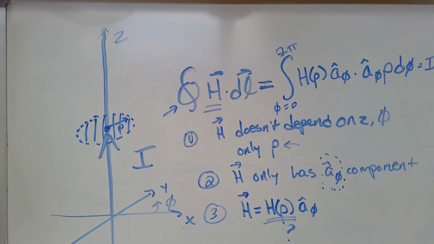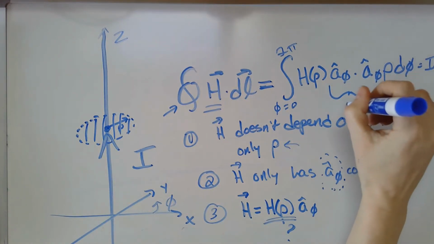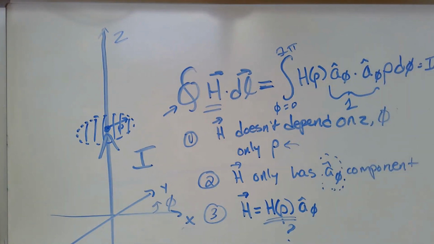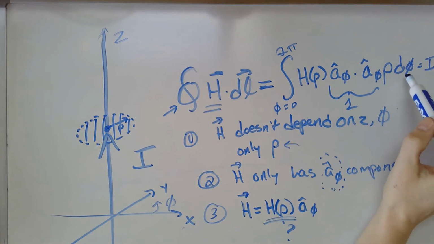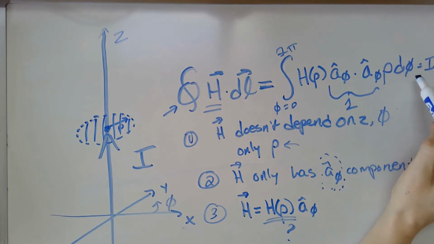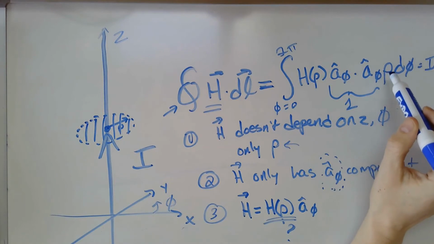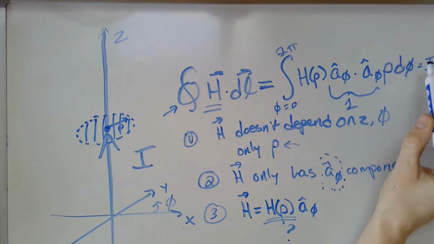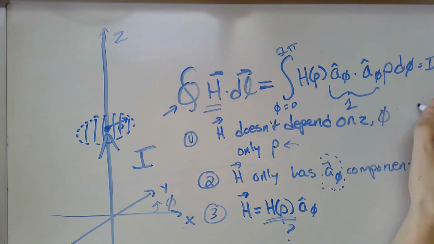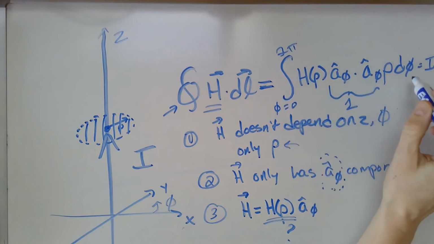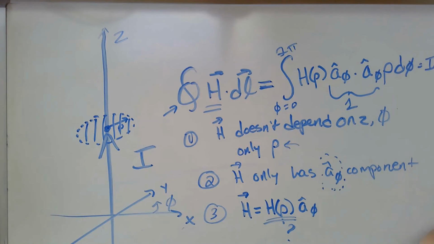How do I evaluate this? This dot product evaluates to 1. Our integral is being done with respect to phi. Everything else in here depends on rho, so none of that stuff is really affected by it. We just get the integral from 0 to 2 pi of d phi, which gets us a factor of 2 pi.